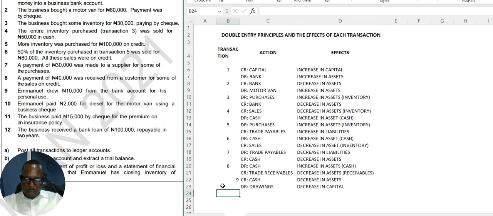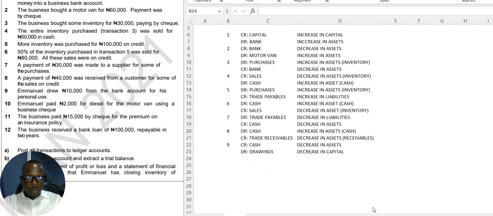Right. The next transaction is 10. It says Emmanuel paid 2,000 for diesel for the motor van. Payment, is it through check? Okay, through check, credit bank, and debit expenses.